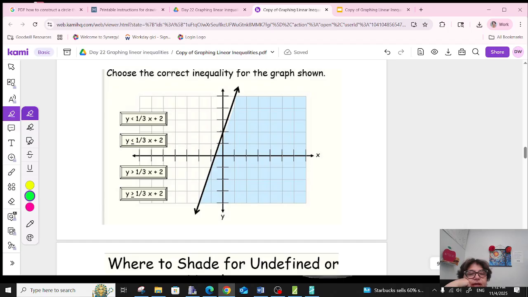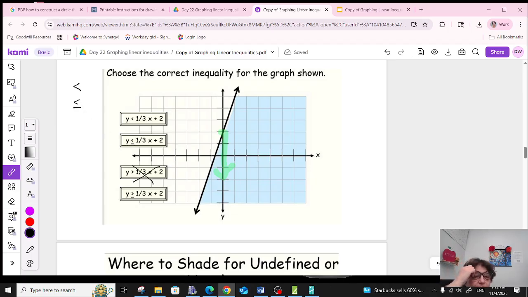So, is this shaded up or shaded down? Put your finger on the line and it would be shaded down. So it's shaded down, which means it has to be less than or equal to, because greater than and greater than or equal to are shaded up.